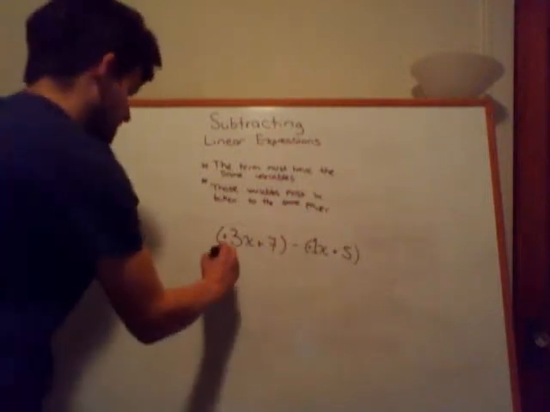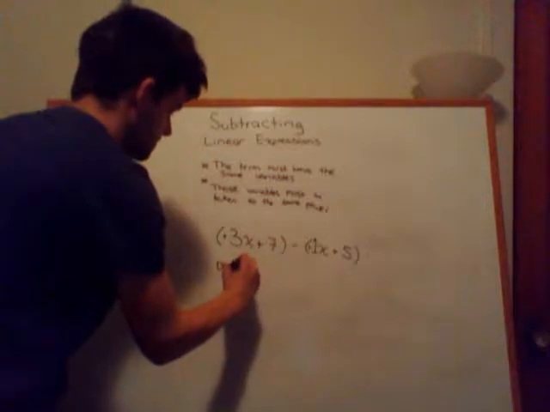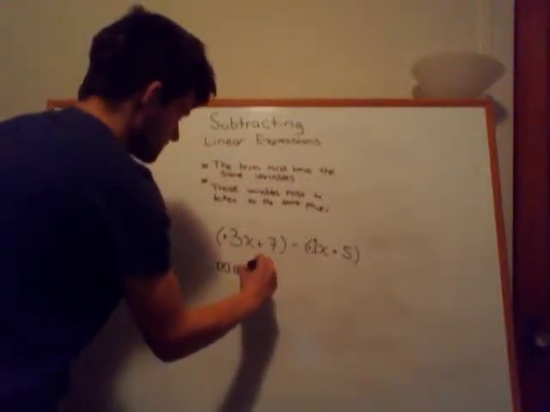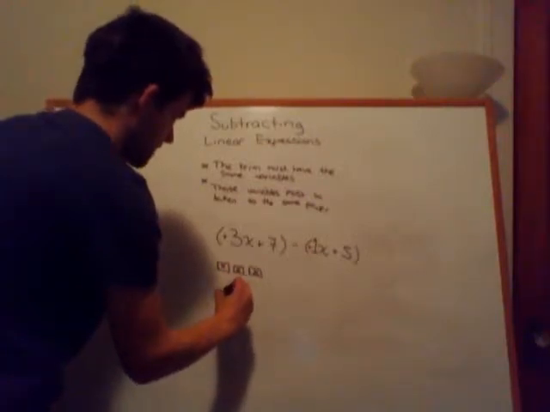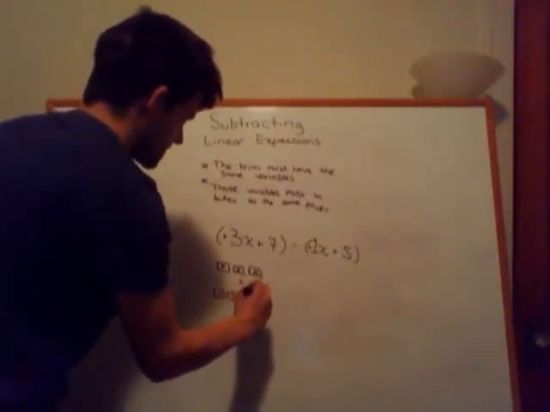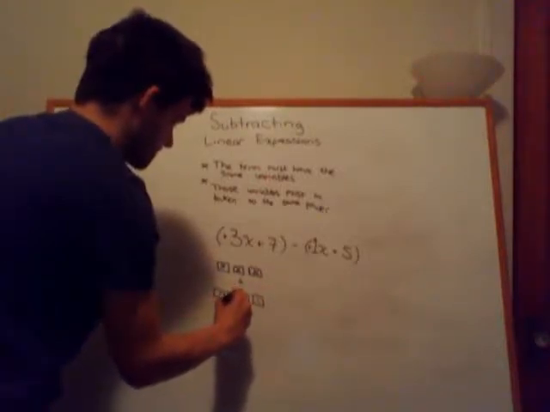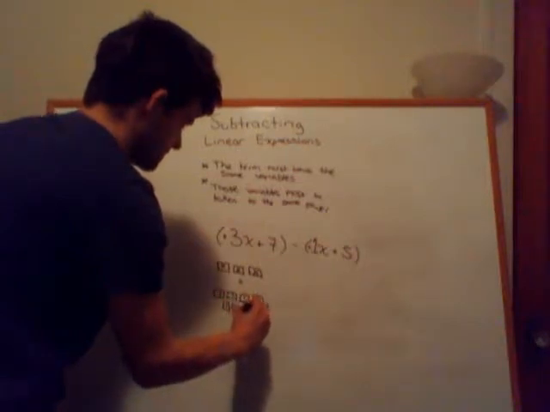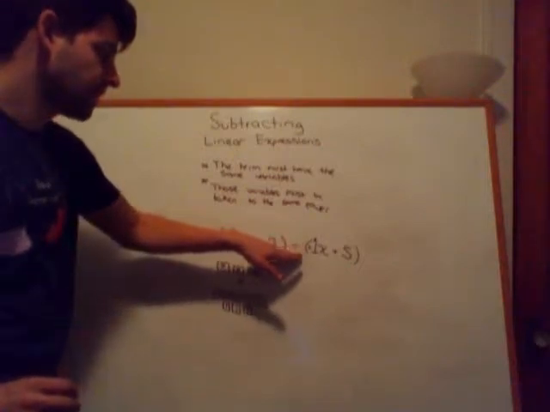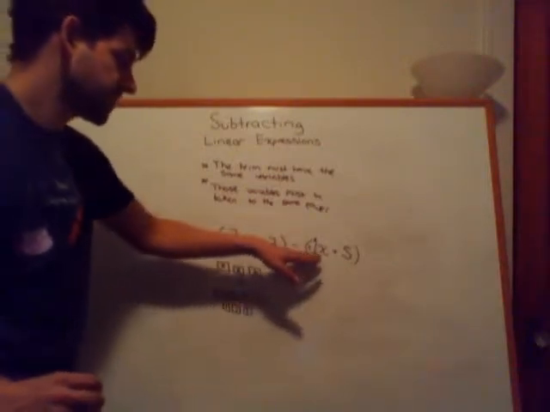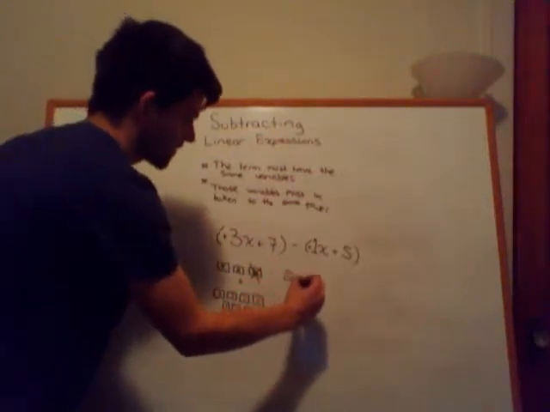Let's model this again. We have positive 3x, so that'll be 3 boxes of x, plus 7 boxes of 1 representing 7. Okay, now if I have 3x and I subtract a positive 1x, that's going to leave me with 2x.